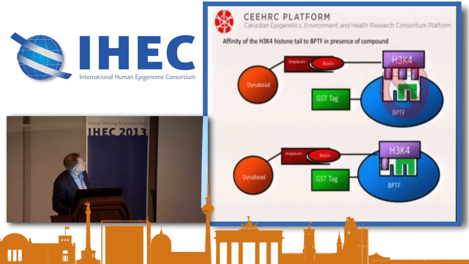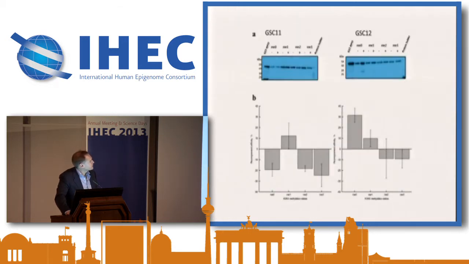And you might notice then that these kind of unnatural accoutrements next to it give us a way of actually measuring that interaction from like a pull-down gel-based assay. And so these are the results that we have from a couple of compounds. I show some gels just up here for illustration, but these are the results actually from a number of different replicates.